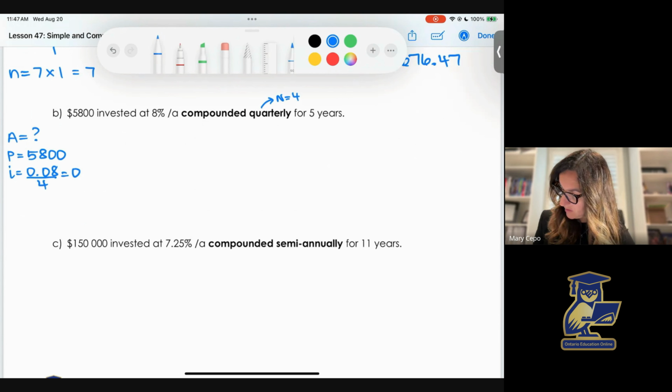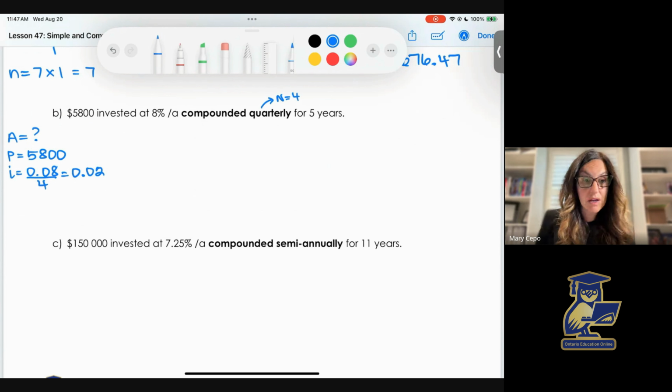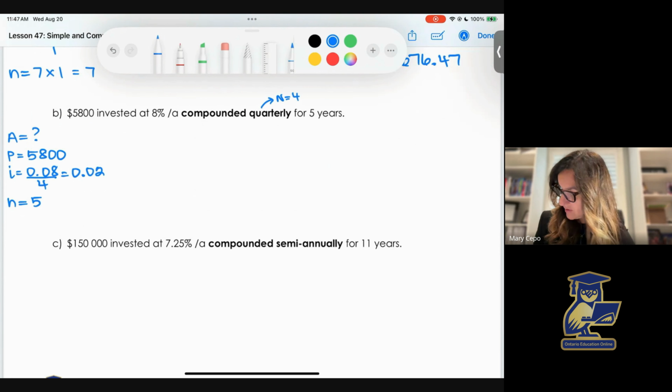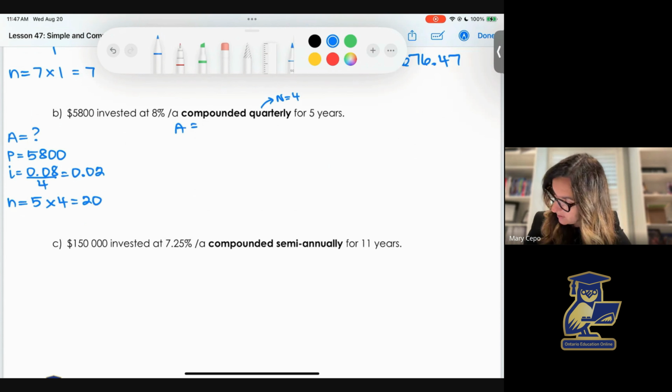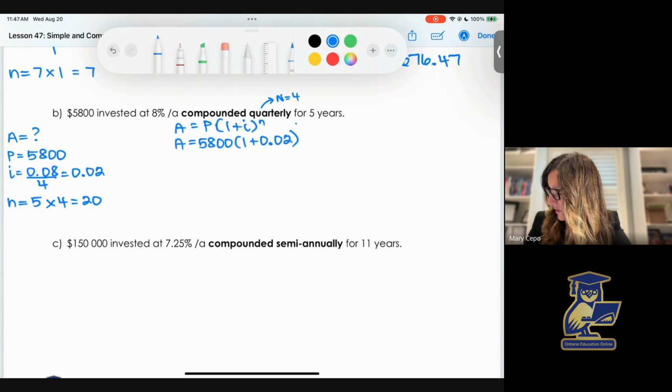That's very important, and so is the time. So n is equal to 5 years times that compounding period of 4. Then the amount is going to equal P times (1 plus i), all to the exponent of n: 1 plus 0.02, all to the exponent of 20.